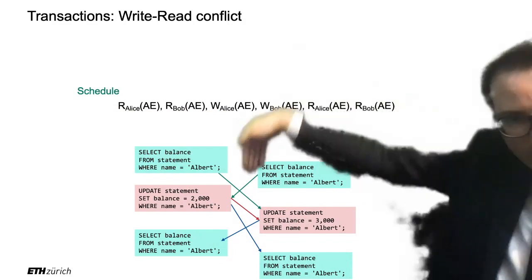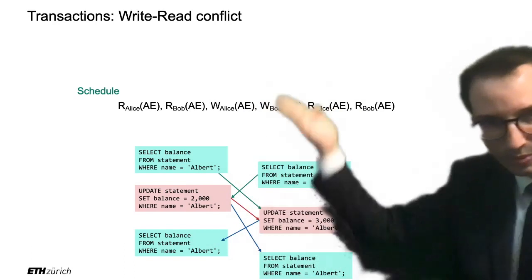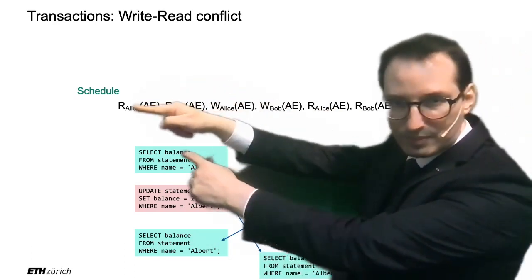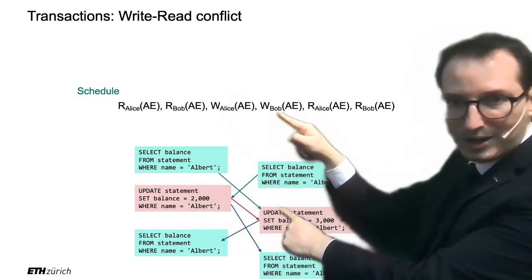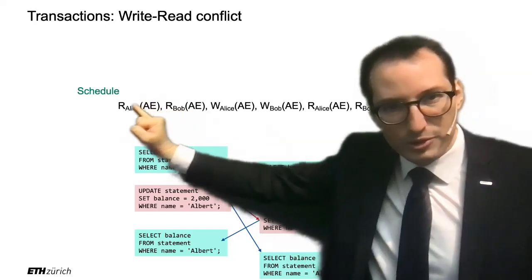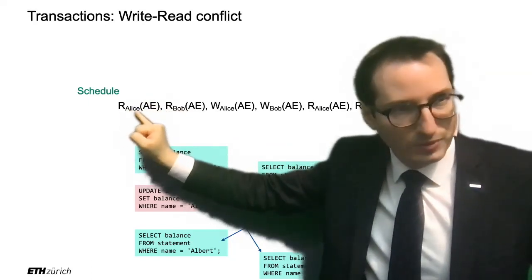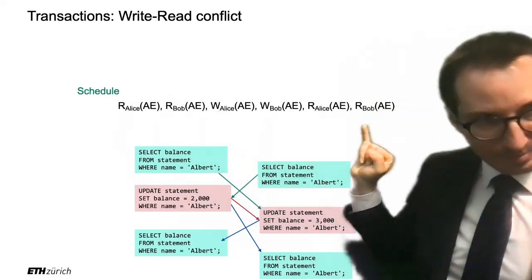Well, it's basically top down, right? This, from top to bottom, right? So Alice reads, Bob reads, Alice writes, Bob writes, Alice reads, Bob reads. Now, the subscript here is the person, the user. So this is Alice, Bob, Alice, Bob, Alice, Bob.